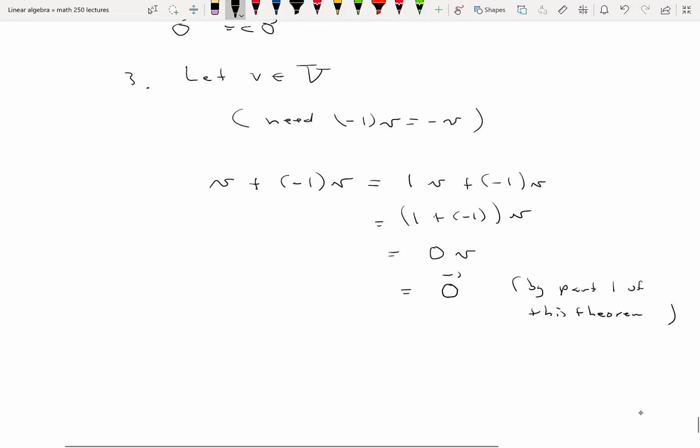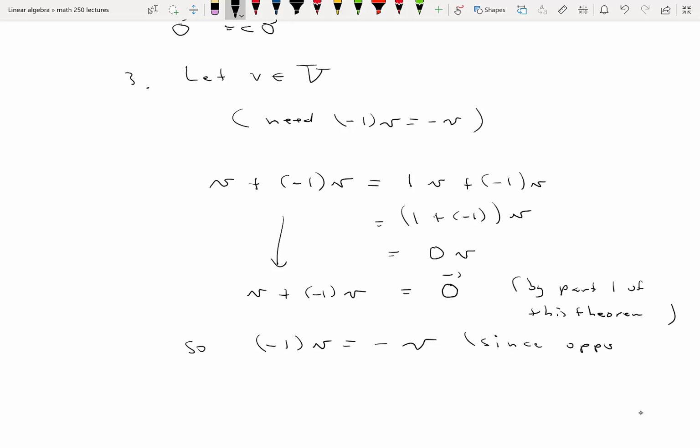Now, I claim that we're done. Let's bring down what we started with. I showed that v plus -1v is the 0 vector. So that -1v had better be the opposite of v. Why? Because opposites are unique.